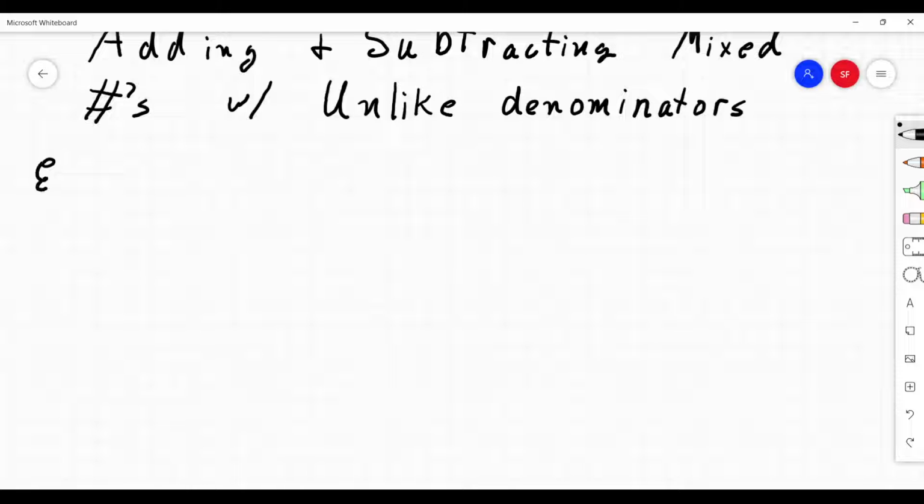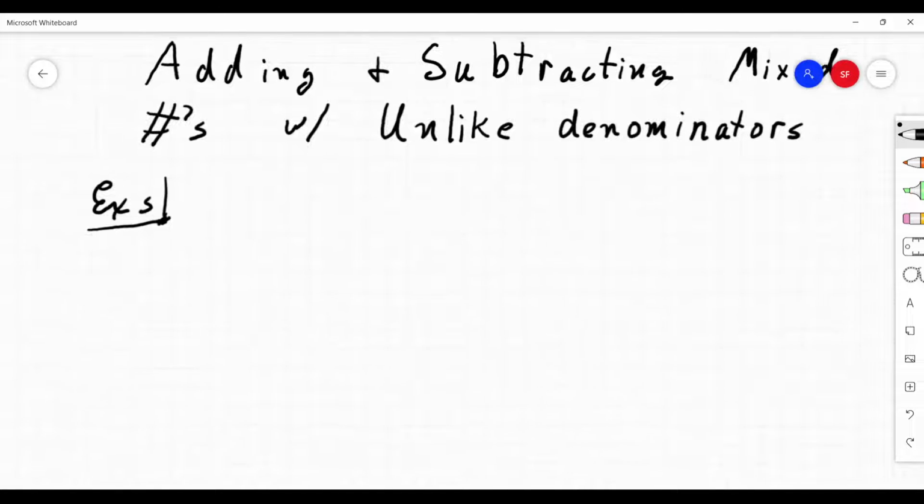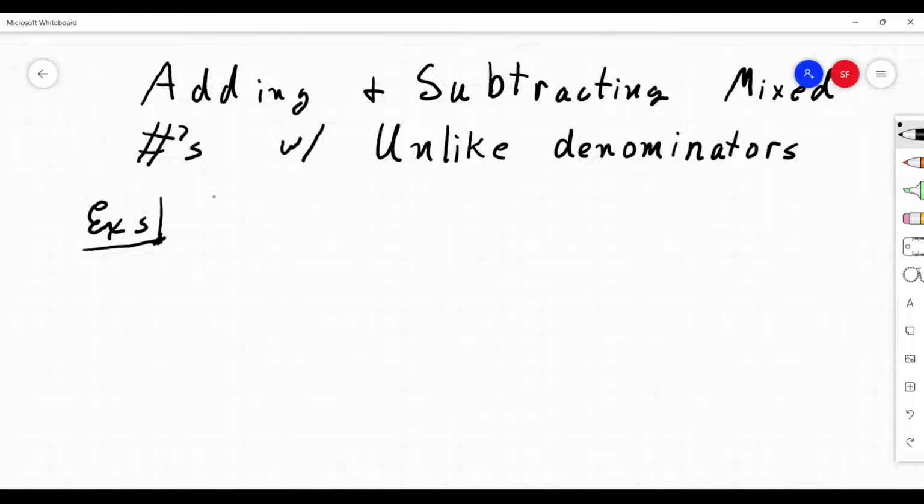Let's do some examples. This is the same thing we were just doing, except now we've got to get a common denominator, right? So example number 1 is 2 and 4/5 plus 3 and 2/7. So, what should we do? Wait, can we still do stacking?